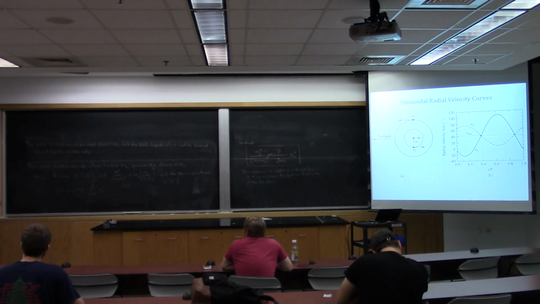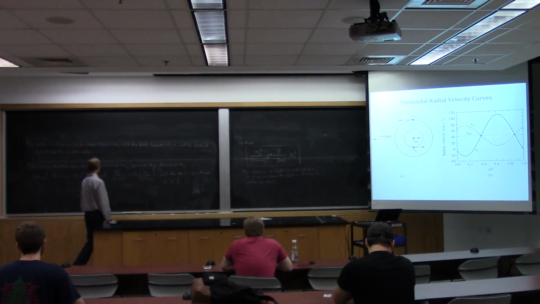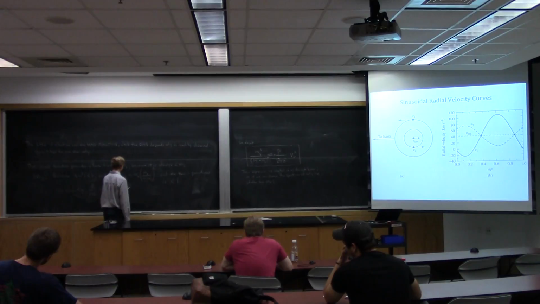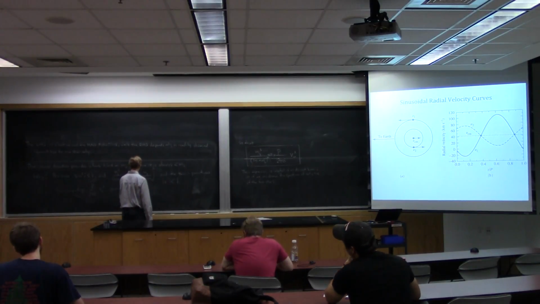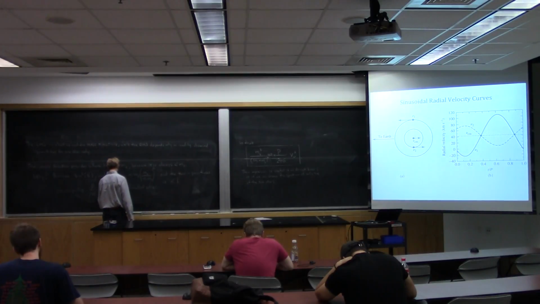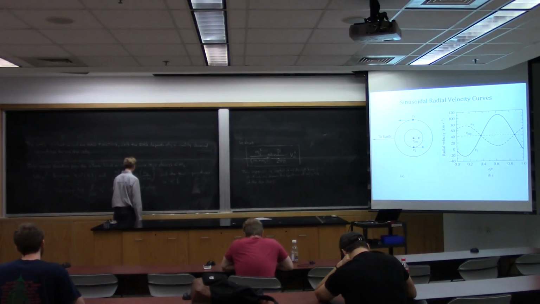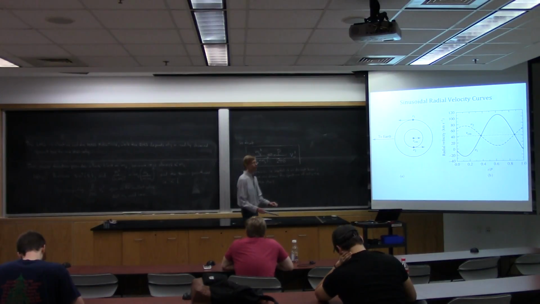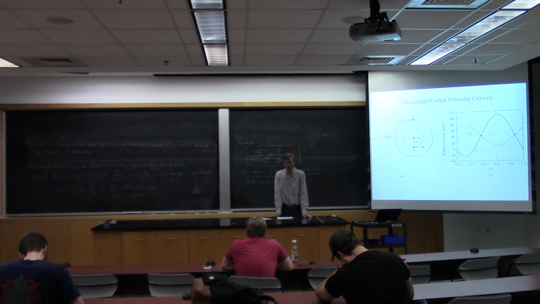We know that its mass is at least as big as this, and in fact probably greater. So it's not what we would like. We would like to know what M1 and M2 actually were.